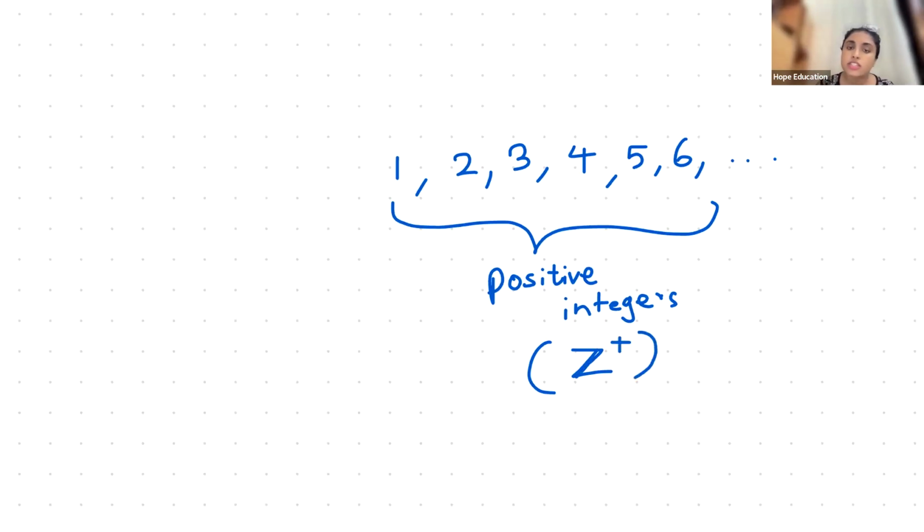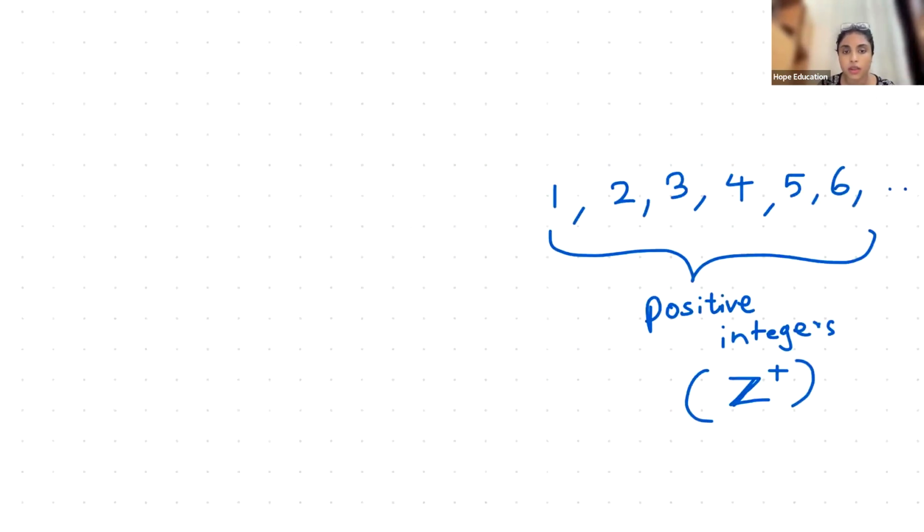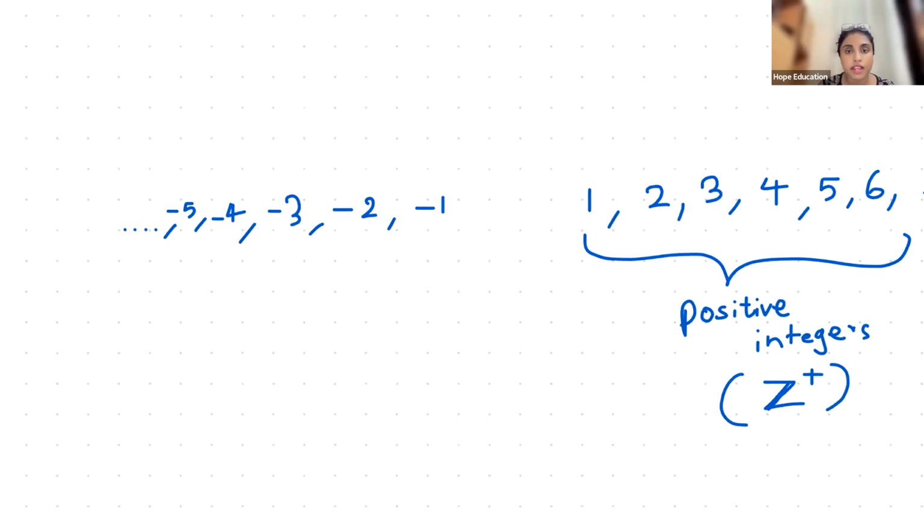Okay. So it's not just positive. There could be negative values too, like -1, -2, -3, -4, -5, and so on. There could be negative values as well. Still, there are no decimals or fractions, just numbers. -1, -2, -3, -4, -5, and so on.